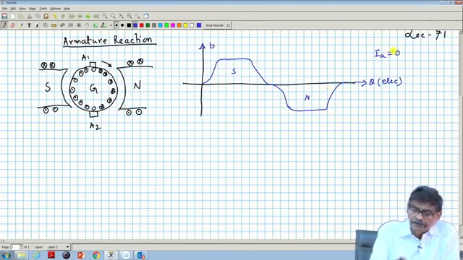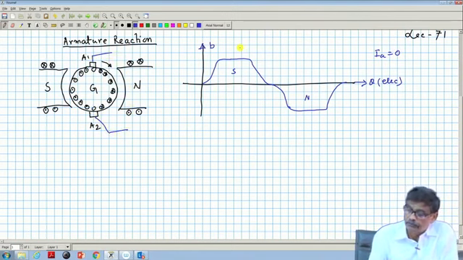Now, the moment this armature is allowed to carry some current to deliver power to a load, the direction of the currents in generator mode will be the same as the direction of the induced EMF. Therefore, these dots once again will represent the direction of the current, and crosses will represent the direction of the current under the two poles as shown.